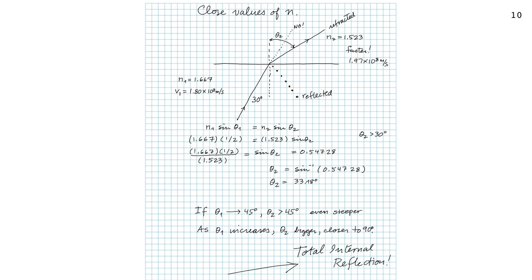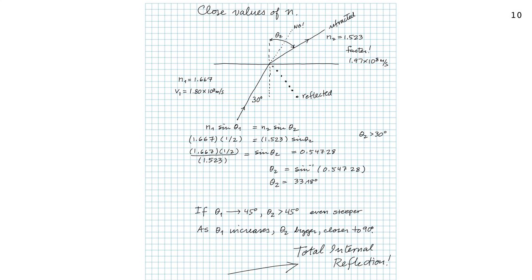Now let's aim my incoming ray at 30 degrees. And let's continue it. Here's my dotted line.